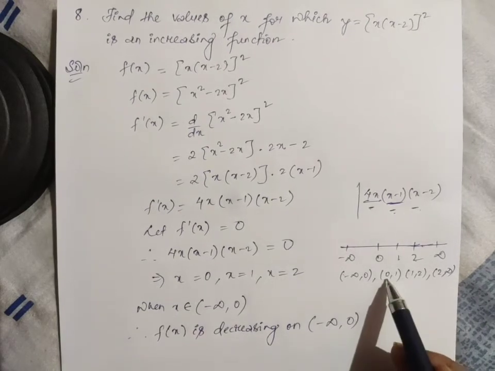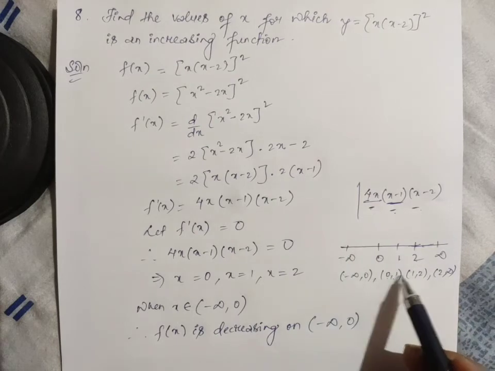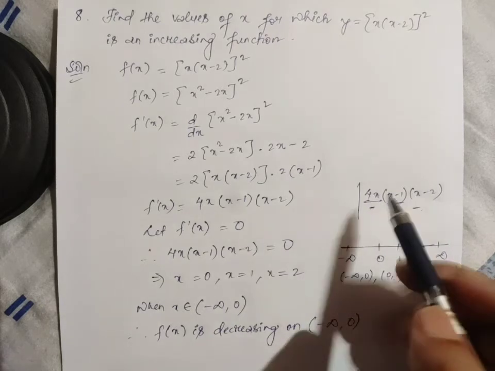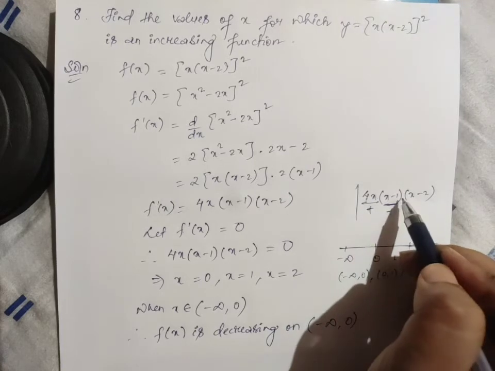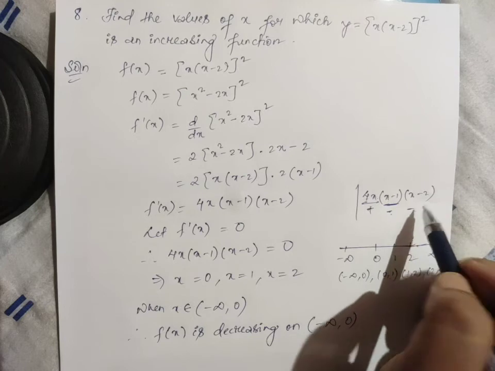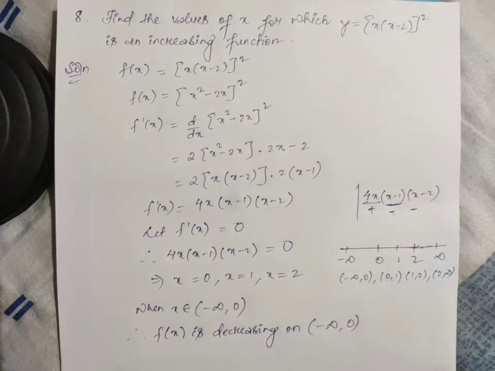Now we'll check the second interval, 0 comma 1. Let us take 0.5 between these two values. 0.5 is positive, so this part will be positive, and 0.5 minus 1 will be negative, and 0.5 minus 2 is also negative. Negative negative will come positive, and positive into positive is positive.